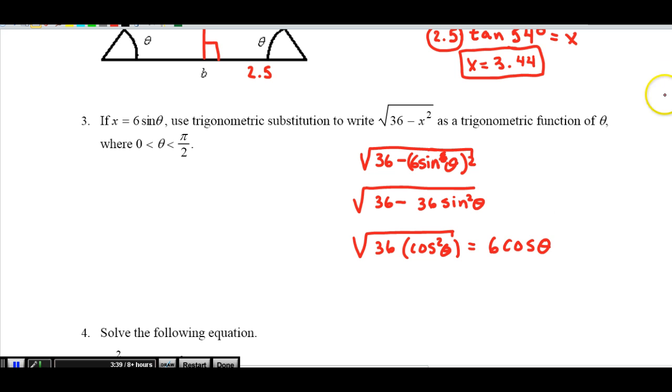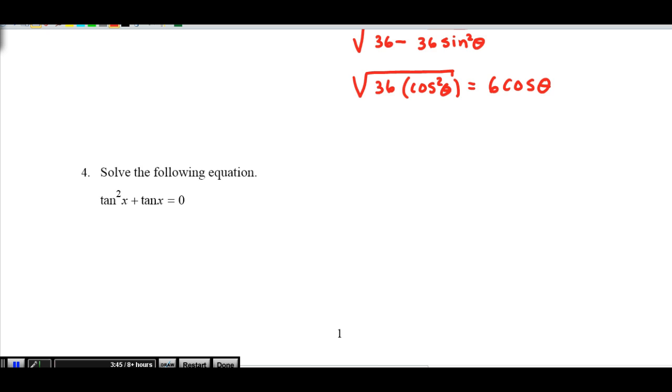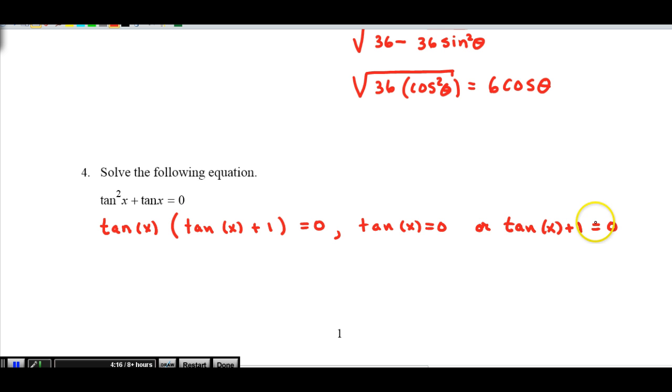Okay, so number 4 is an equation that says tangent squared x plus tangent x equals 0. So I see it as tangent of x times the quantity tangent of x plus 1 equals 0. This is split into two equations: tangent of x equals 0, or tangent of x plus 1 equals 0.